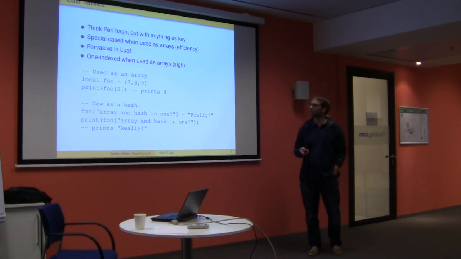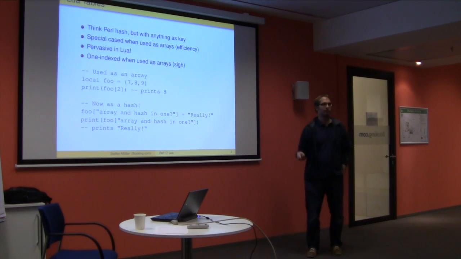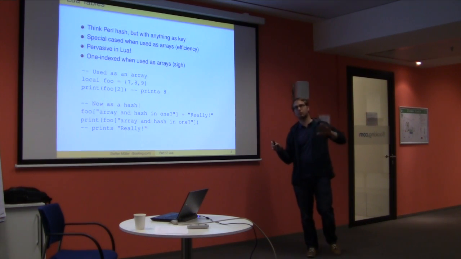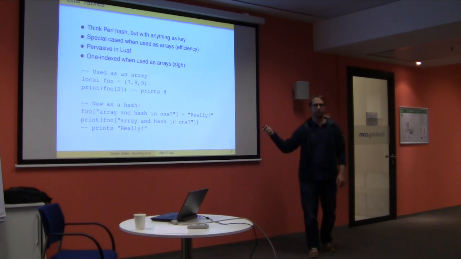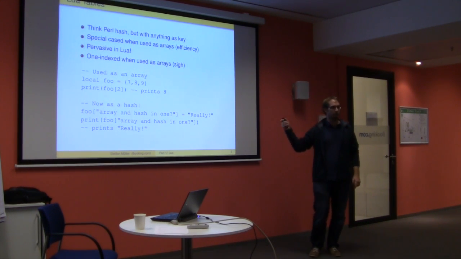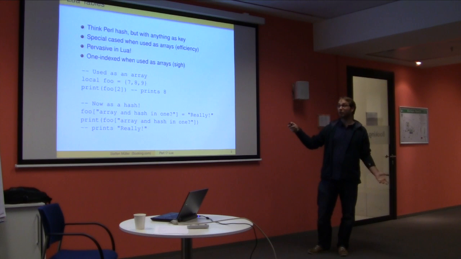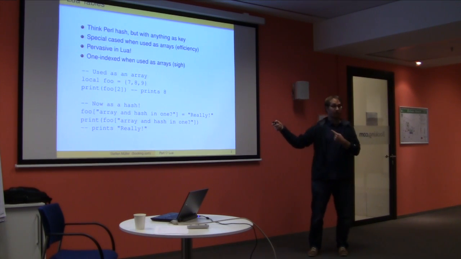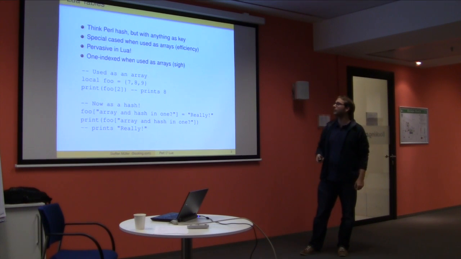It's kind of a bit of a leaky abstraction. And almost everything is tables in Lua. Just like in Perl, the hashes are sort of used for namespaces. Lua uses tables for namespaces. I'm kind of let down that Rob isn't here because he actually knows Lua, not like me sort of having dabbled with it. And one of the nicest things is it uses one indexed arrays, because Fortran taught us that that's the way to do it. Yeah, it makes porting all that Fortran code so much easier.